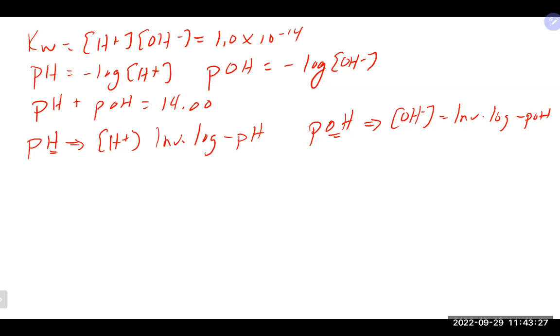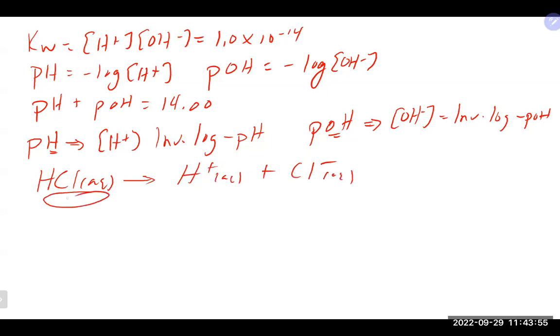We also talked about towards the end there that if we don't have a generic H plus or OH minus given to us, but we do have a strong acid or strong base given to us, we essentially could get the H plus or OH minus from the acid or base. So once again, if you had something like hydrochloric acid, which is a strong acid, it will 100% break apart into H plus and Cl minus.